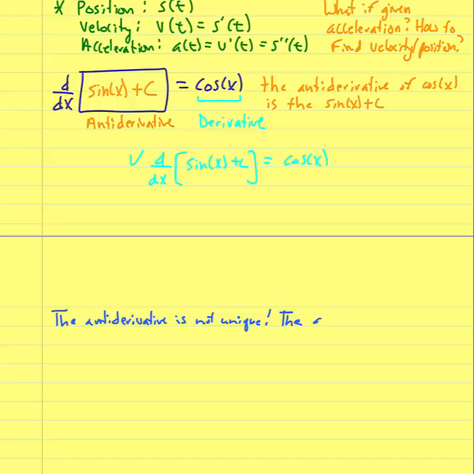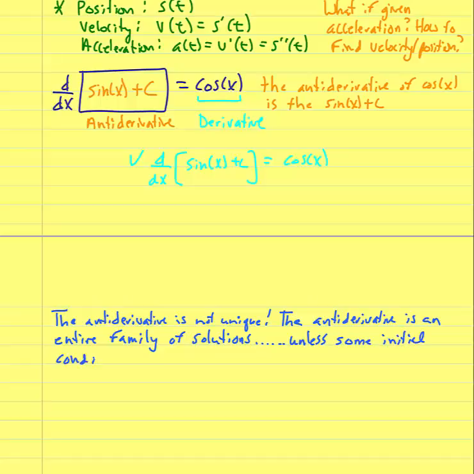So the antiderivative is an entire family of solutions, unless, of course, some initial conditions are given, and then I can solve for that value of c. We'll look at some problems where initial conditions are given, and they're really kind of fun to go back and solve for. And one of the nice things is you can always take the derivative to check your answers.